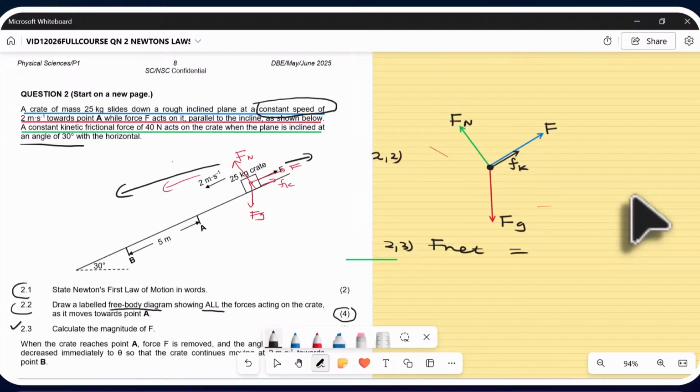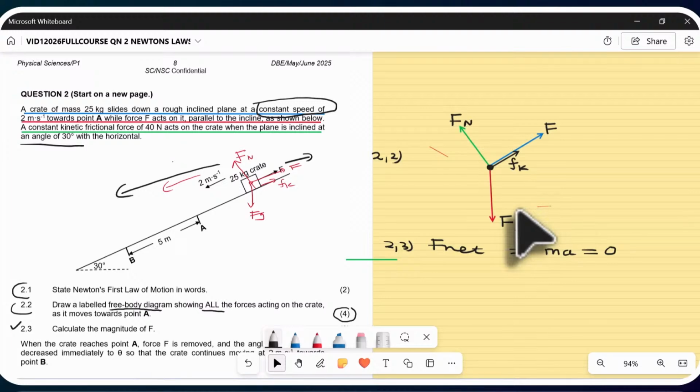Now, why is the block going downwards and yet the applied force is up the incline? It means it's going downwards because of FG parallel. Let me show you here. This arrow which you see in red is called the FG, but on the incline it has two components.